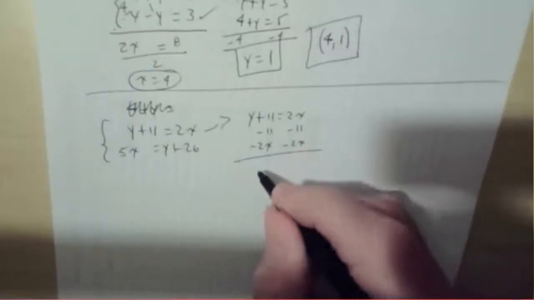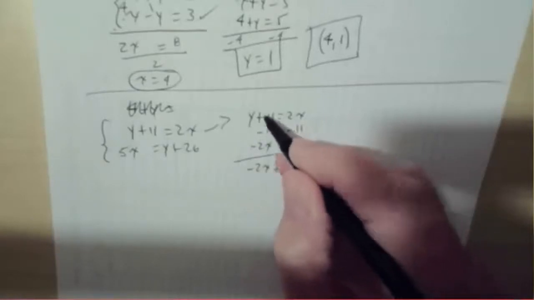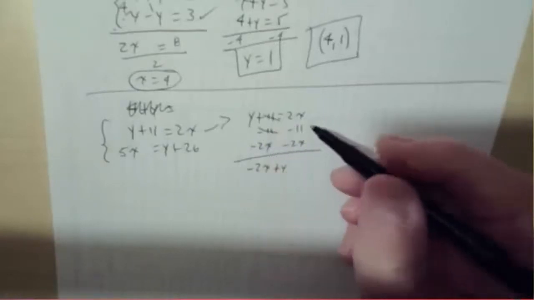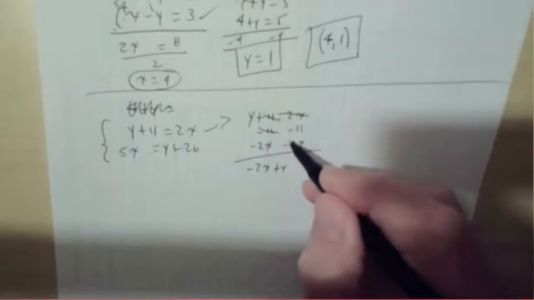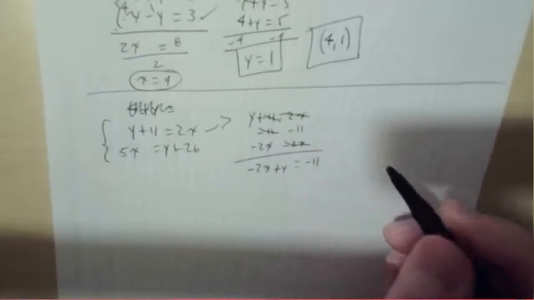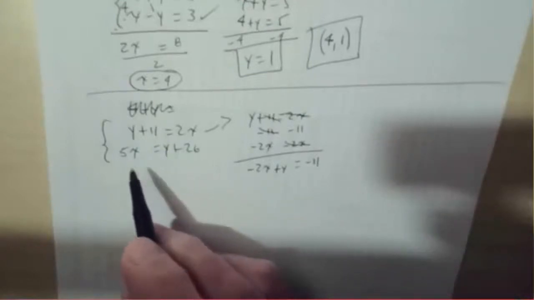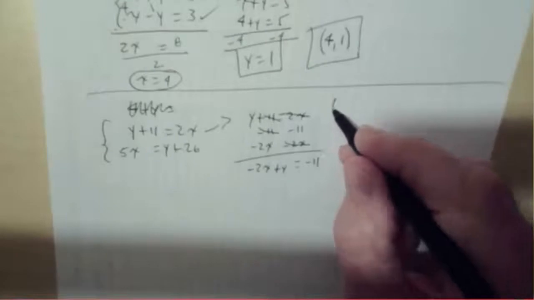Okay, so we have negative 2x plus y equals negative 11.